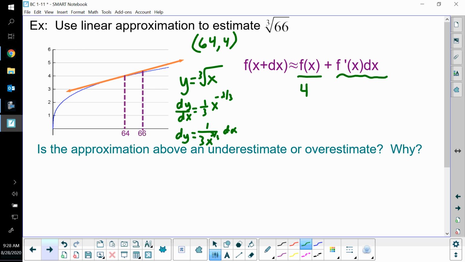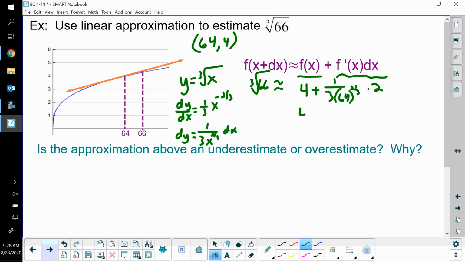So we're going to have 4 plus, and why don't we write here that the cube root of 66 is approximately that. 4 plus, and we're just going to fill in that differential. So 1 over 3 times 64 to the 2/3 times our dx, our little bit of change in x. Well, from the nice x value, we move 2 to the right, so that's times 2.